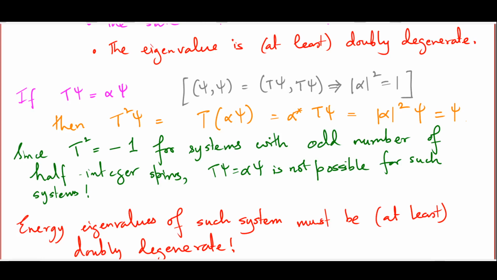Now this is a rather neat consequence of time reversal symmetry, which has important consequences in spectroscopy and other subjects. But the important point here is that all we needed was the basic mathematical structure of the time reversal operator, in particular its antilinearity, to come to this conclusion.